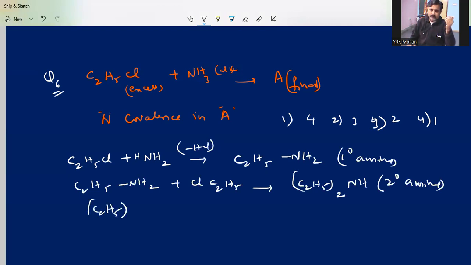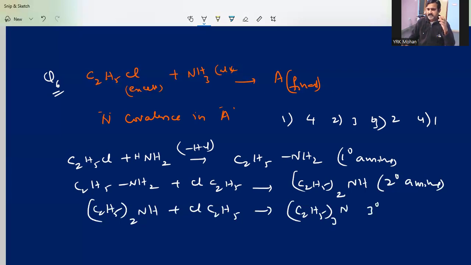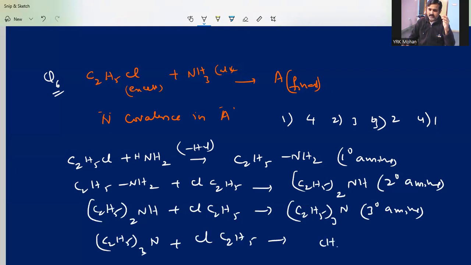So (C2H5)2NH treated with ethyl chloride, in the third step with removal of HCl, gives (C2H5)3N, a tertiary amine. That tertiary amine is finally treated with C2H5Cl to give the quaternary ammonium salt, (C2H5)4N+ Cl-.